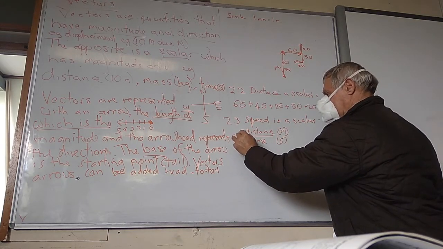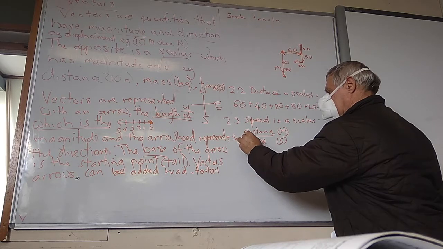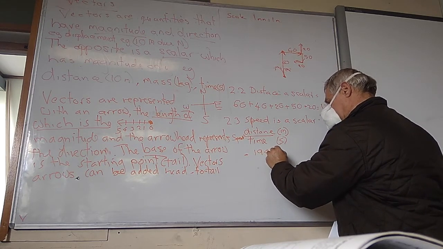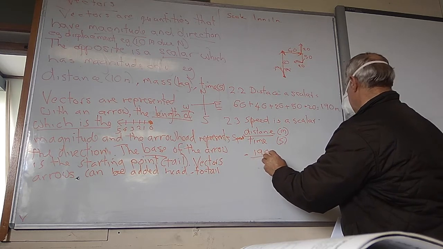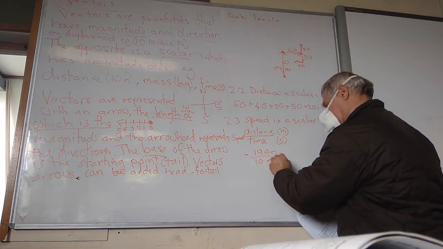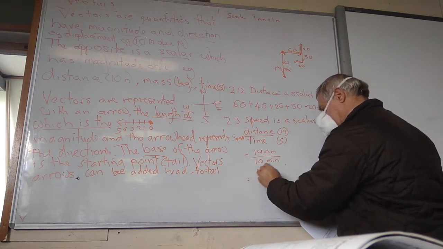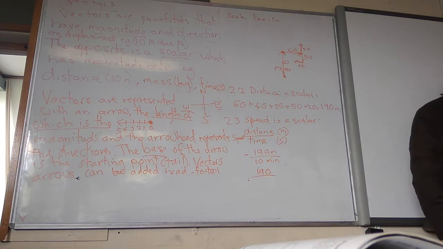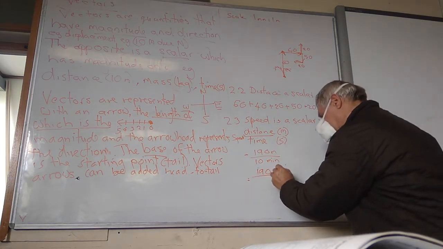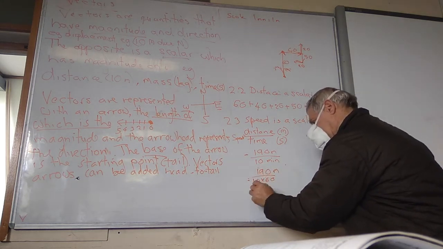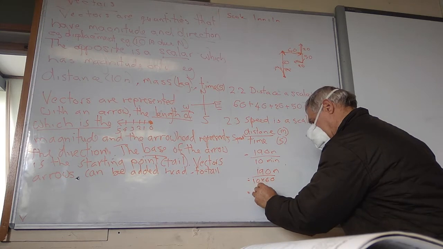Speed equals distance over time. What distance did he go? 190 meters over 10 minutes. But minutes is not seconds, so how will I convert minutes to seconds? Multiply by 60. So 190 meters divided by 10 times 60, which is 600.